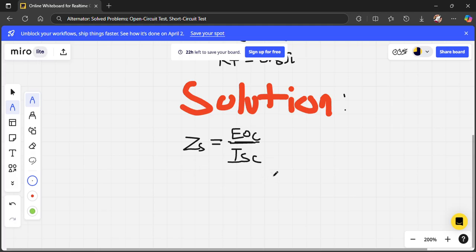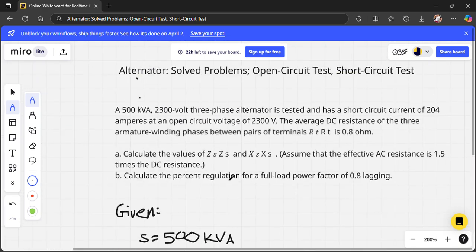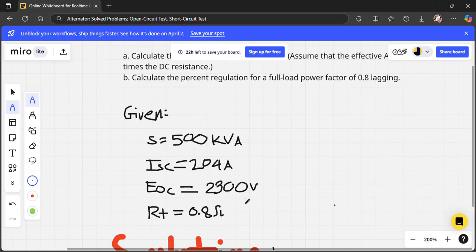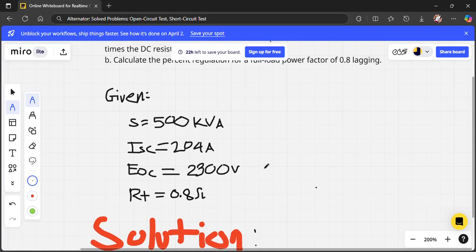E_OC and I_SC is the formula of synchronous impedance. But when we solve for the three-phase alternator, we should assume it's a three-phase, so our open circuit voltage should be converted to phase.